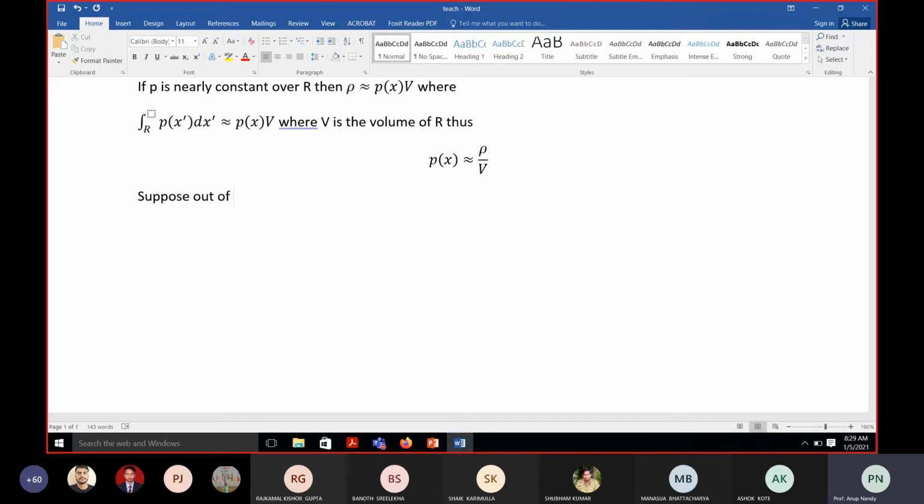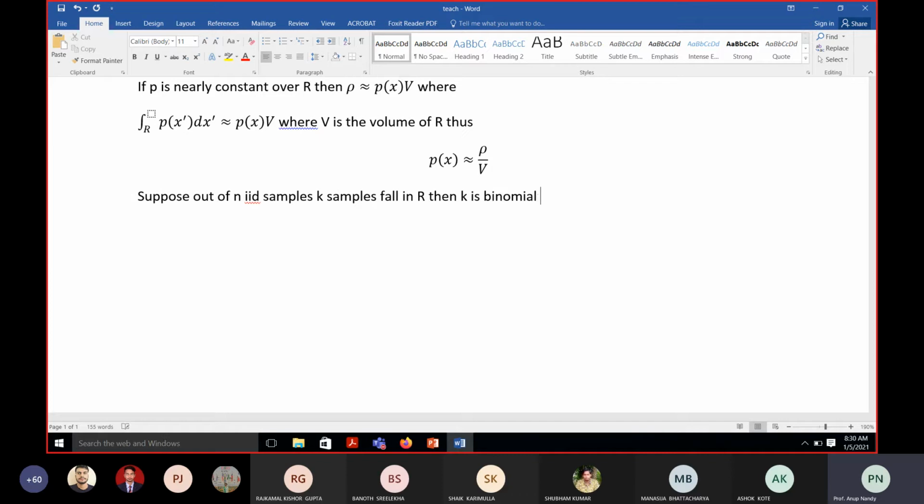Now suppose out of n IID samples, independent and identically distributed samples, k samples fall in the region R.